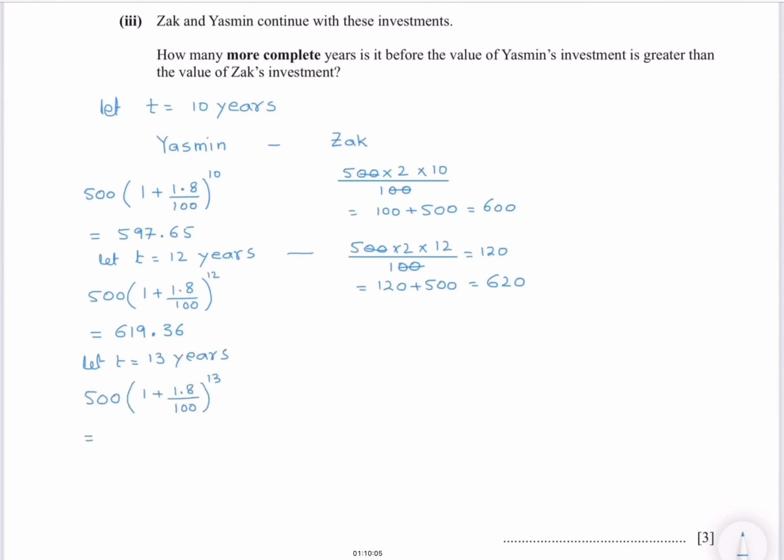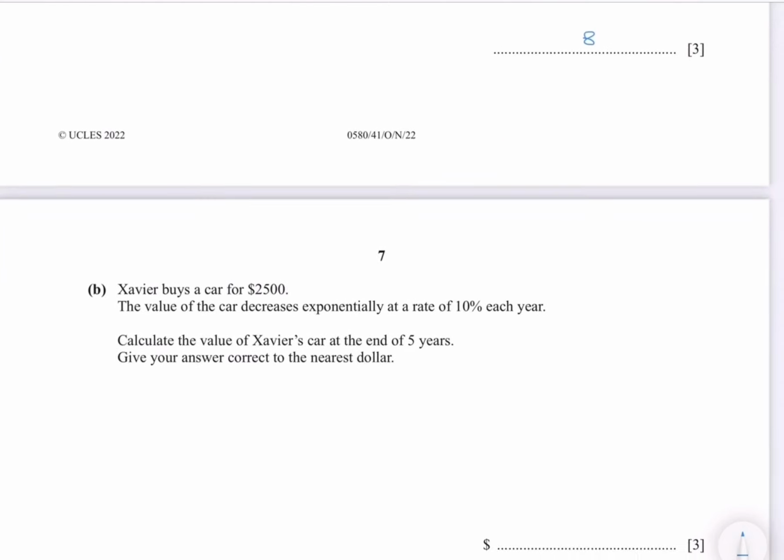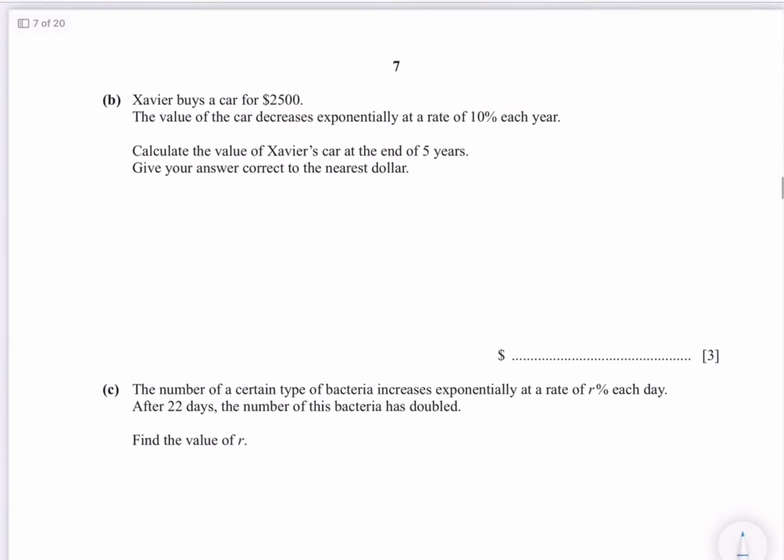So this is 630, and Zach is, by putting 13 in time, now 630. So after 13, no, actually this is not after 13 years. You should subtract 13 minus 5. Yeah, so after 8 years, Yasmin is ahead of Zach.